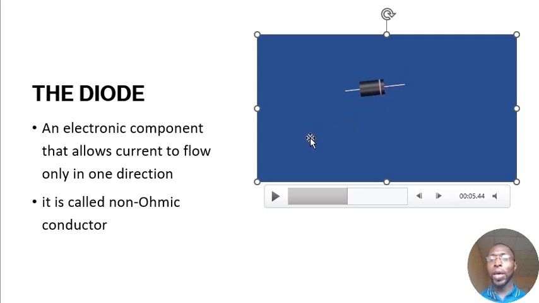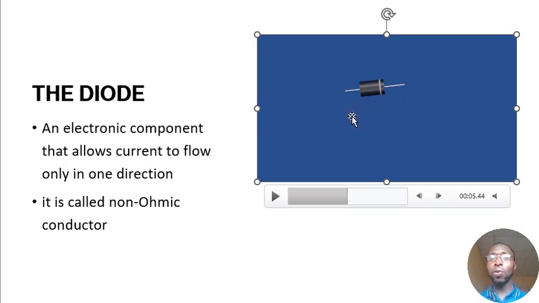And that is why it is said that a diode is a non-ohmic conductor, because it does not obey Ohm's law. If it obeyed Ohm's law, no matter the direction you point the diode, it would conduct electricity.